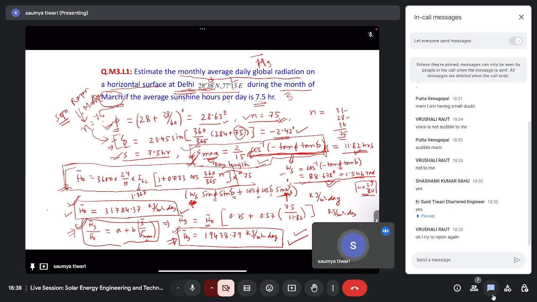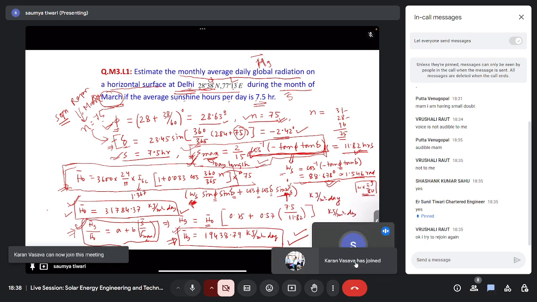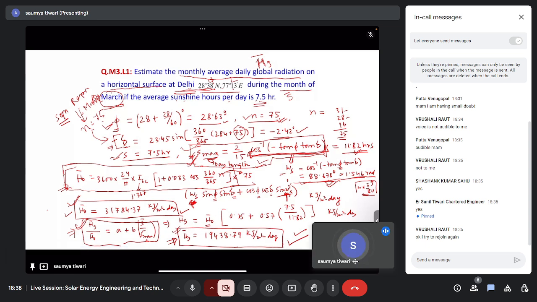ISC we already know, it is 1367 watt per meter square, but we need to put it in kilowatt per meter square. You have to pay attention to the units very carefully, because if you make a mistake in this step, that mistake will continue in every step. So pay close attention to every unit.